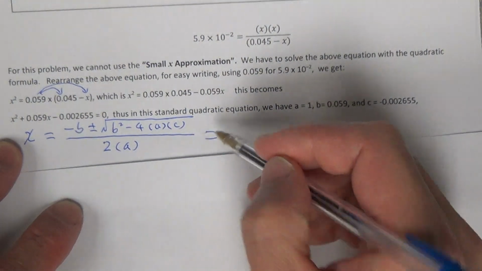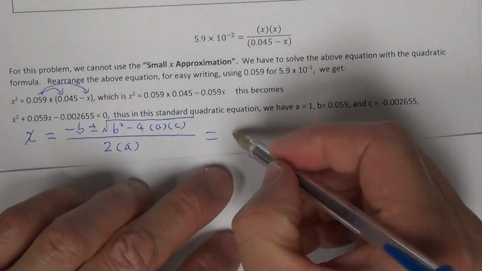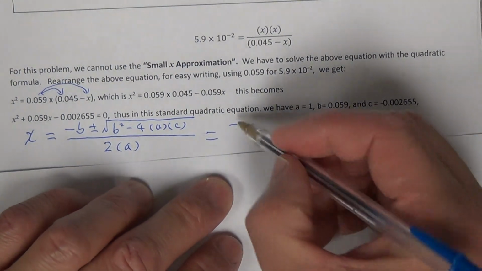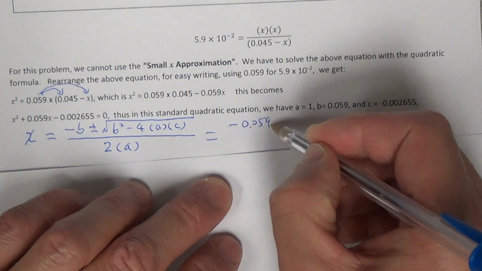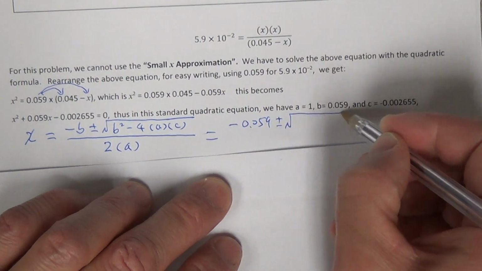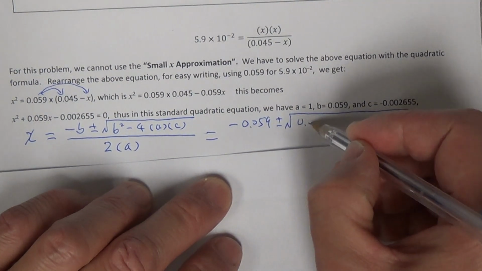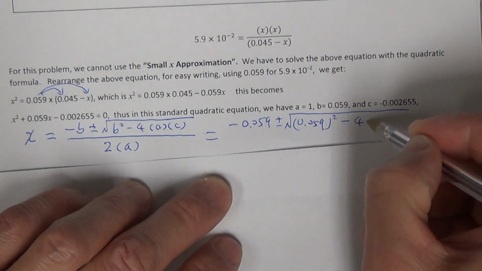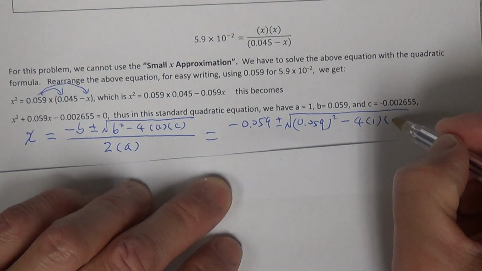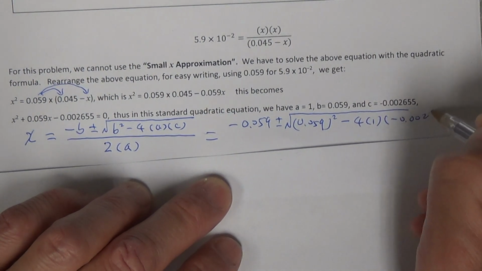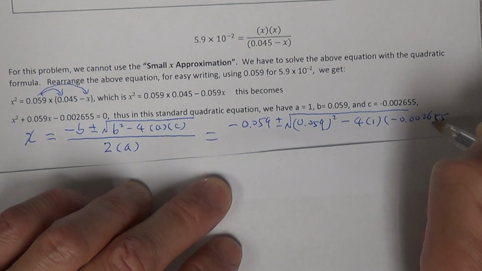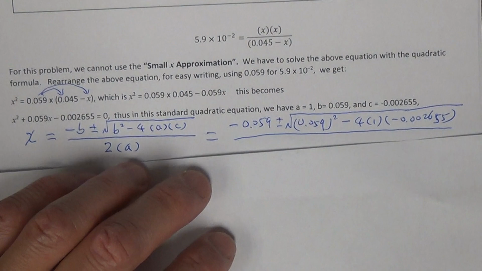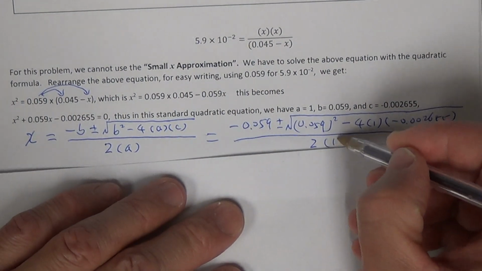So we plug in those numbers, negative b, and b is 0.059, so negative 0.059 plus minus square root of 0.059 squared minus 4 times a is 1, c is negative 0.002655, and then divided by 2 times a, which is simply 2 times 1.